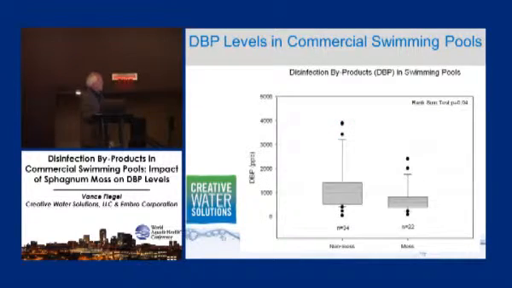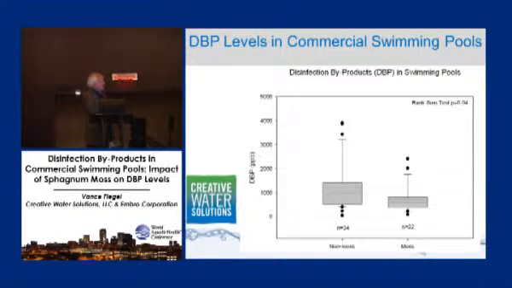Subsequent to that, we've gone on and looked at a number of other pools. I'll explain these box plots. They're kind of useful tools to analyze the data. What we've done now is to try to get larger numbers, because every individual pool, like I said, has its own unique features.